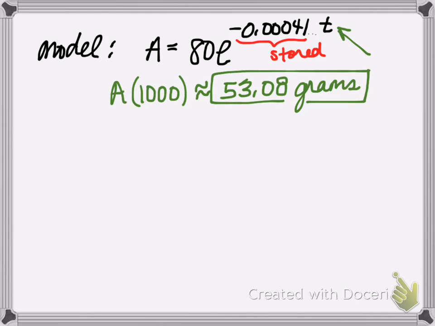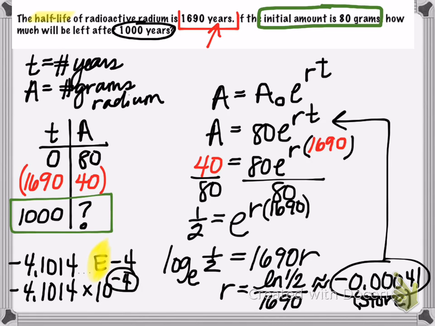And finally, before calling it quits, I always like to finish by asking myself, does this answer make sense at 53 grams? And we really are not going to know until we go back to our table. So we have an answer here of about 53 grams or so, 53.08. And does that answer make sense?